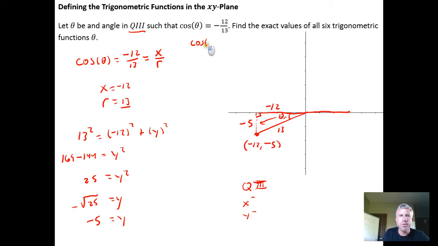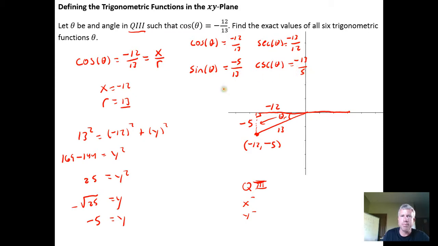We already know the cosine because it's given, so you might as well grab it first because its reciprocal is the secant function, which means you get it for free by simply writing the reciprocal of this side ratio. Now the sine of theta is the side opposite the reference angle, which is the y-coordinate, divided by the radius, which is 13. And the reciprocal of the sine is the cosecant, so we get negative 13/5 by taking the reciprocal here.